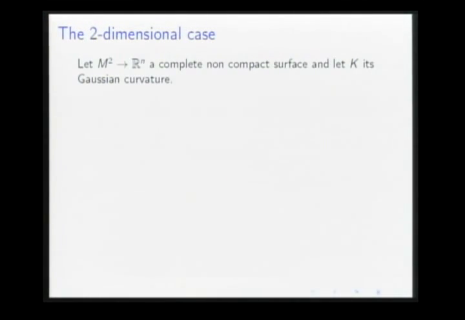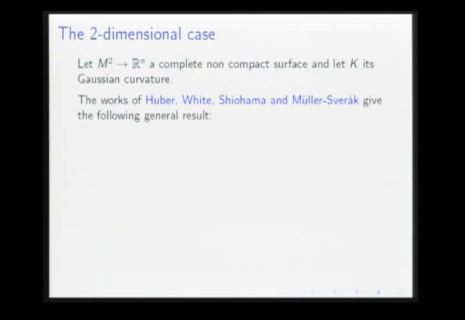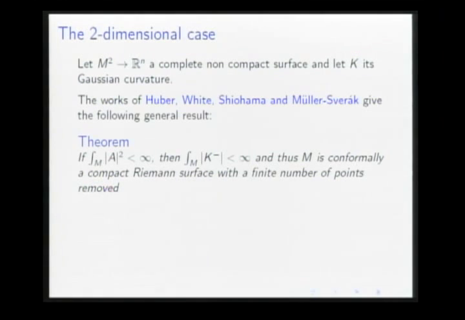For instance, for surfaces, the two-dimensional case, we denote by K its Gaussian curvature, and consider an isometric immersion in the Euclidean space. Then the works of Huber, White, Schoen, Hamilton, Müller, Sverak give the following general result.